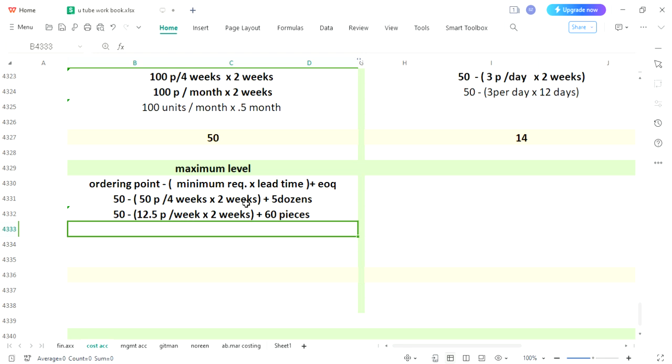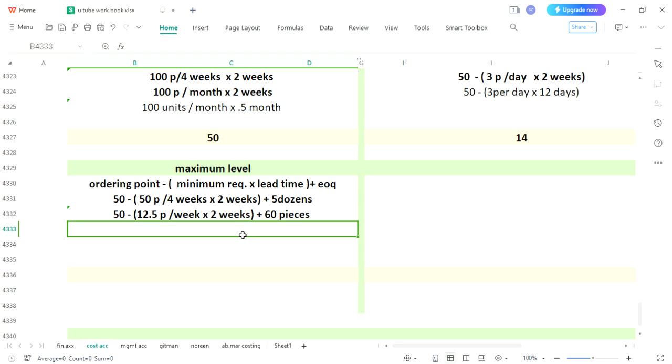Time was already present in weeks, so we haven't changed it. 5 dozens were mismatched with the pieces, so we have turned 5 dozen into pieces. In 5 dozens, 60 pieces are present, and after that everything is matched. Requirement is per week, time is in weeks, pieces are present.